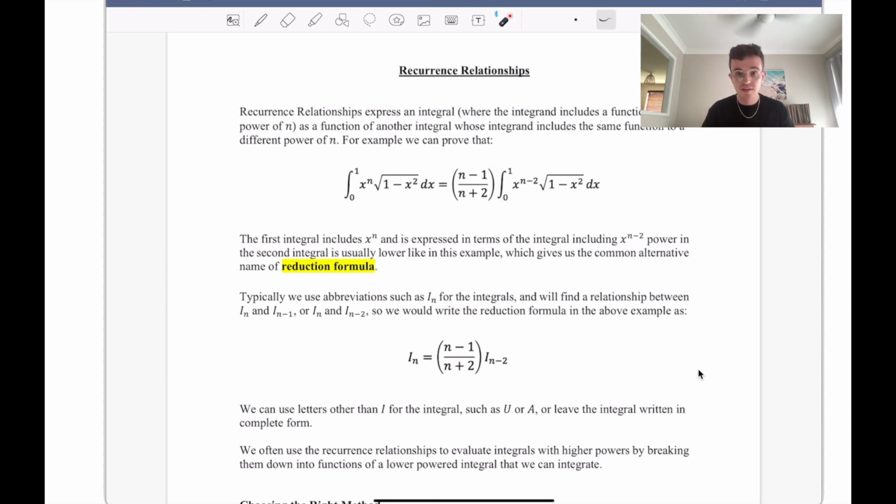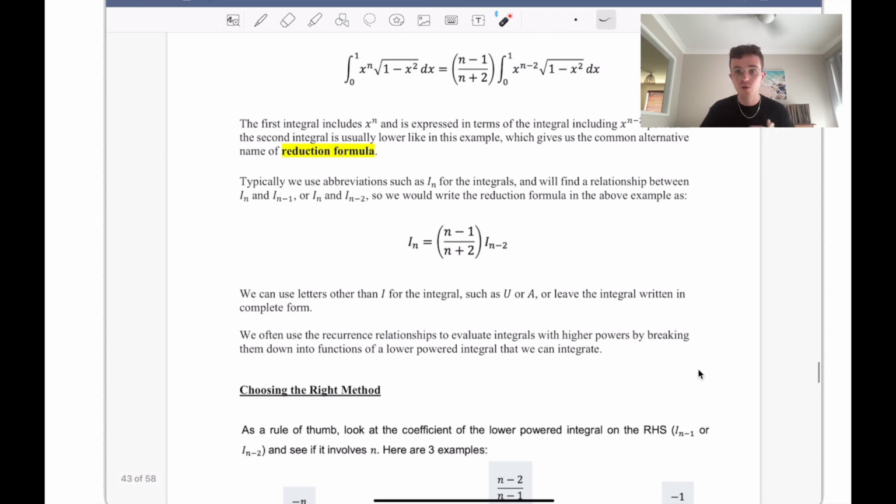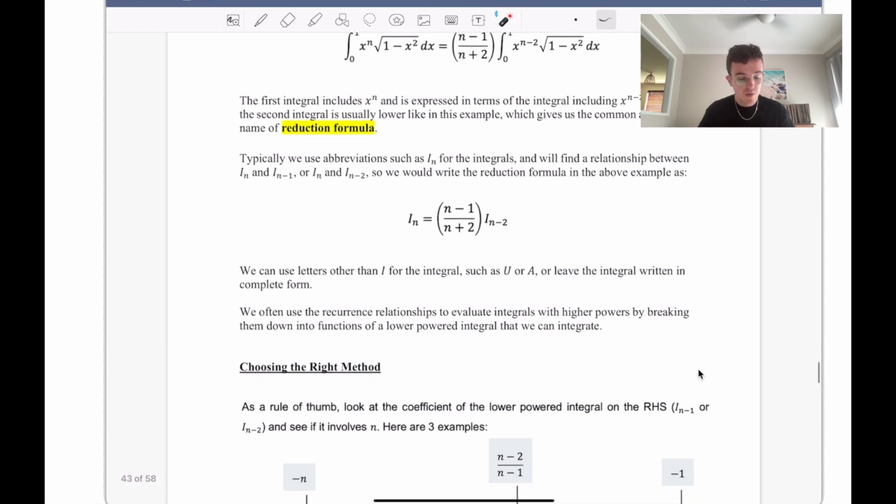Now, we use letters such as I in recurrence relationships, or you might see a U or an A. We can use anything we want to, and we sometimes leave the integral written in complete form. Now, we often use recurrence relationships to evaluate integrals with very high powers by breaking them down into functions of a lower power of an integral that we can integrate.